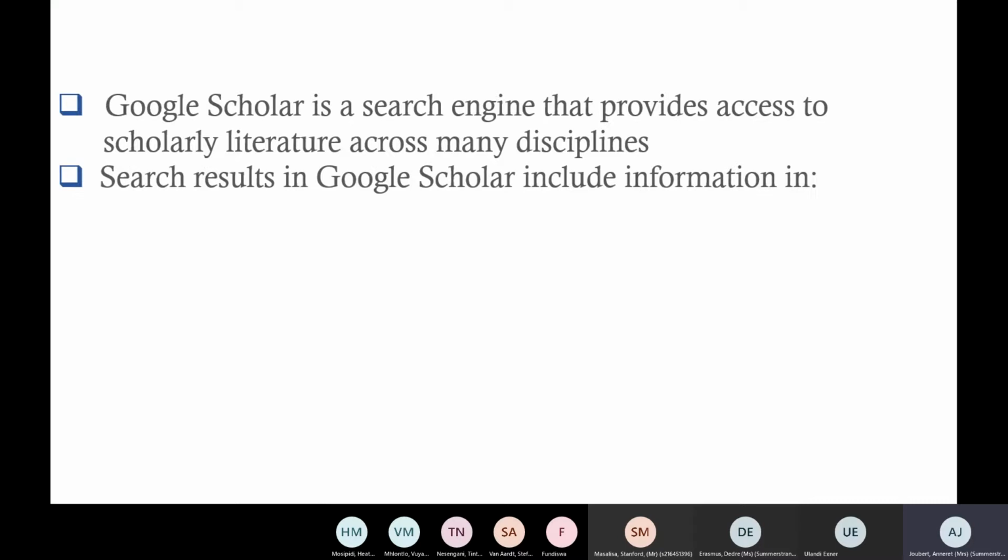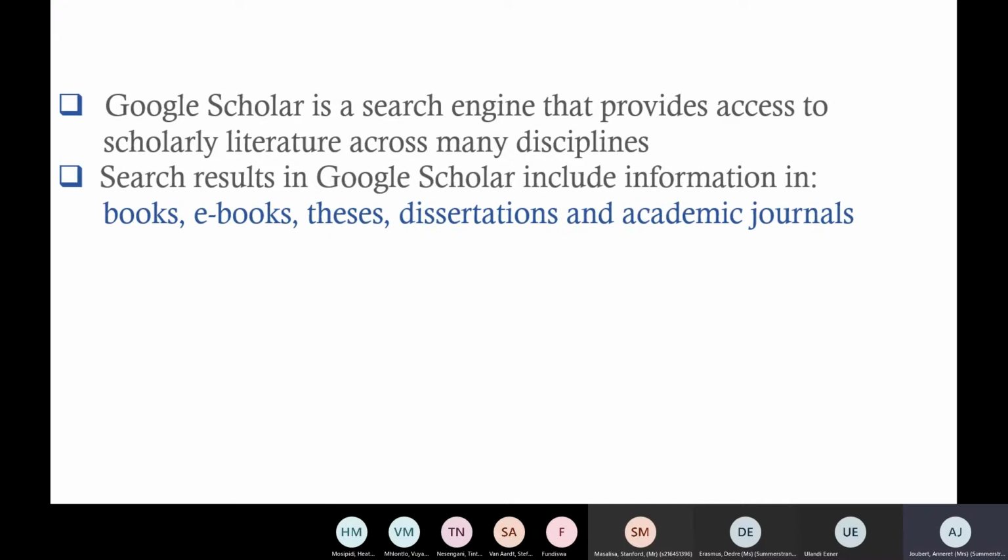Okay, so what is Google Scholar? Google Scholar is a search engine that provides access to scholarly literature across many disciplines. So there are many disciplines that you can search for. Search results in Google Scholar include books, ebooks, theses, dissertations, and academic journals.